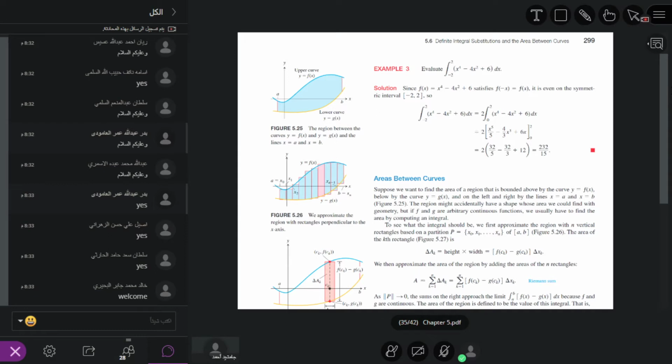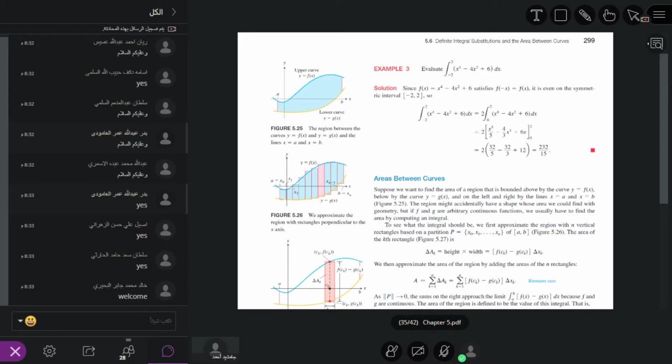Okay. So if f of x has greater values, then the area will be f of x minus g of x. But if g of x has greater values, then we have to integrate g of x minus f of x.